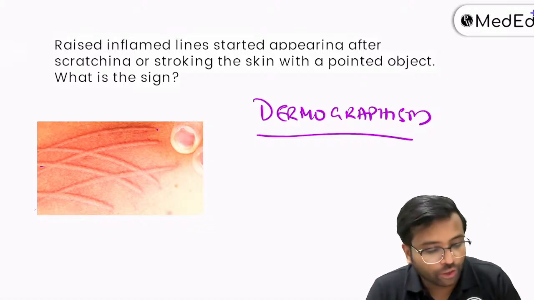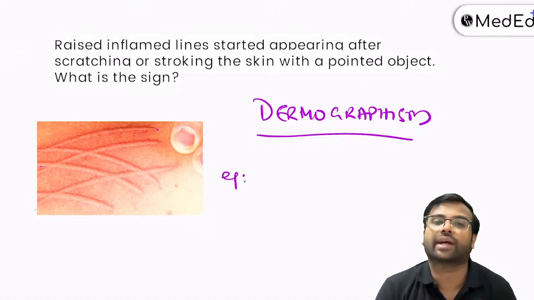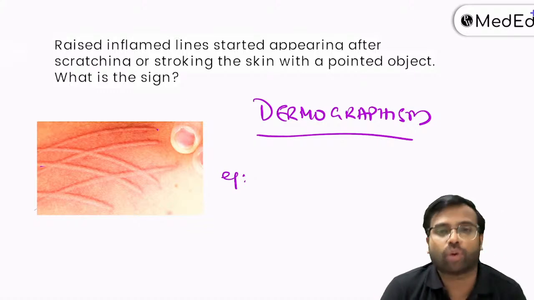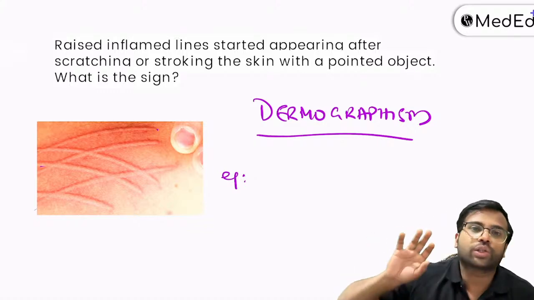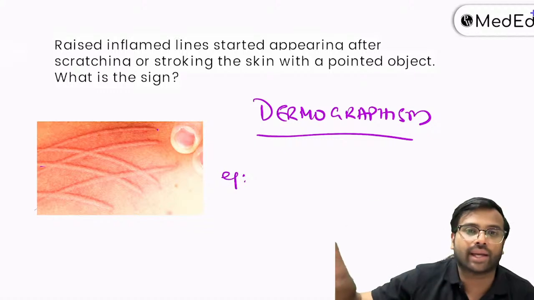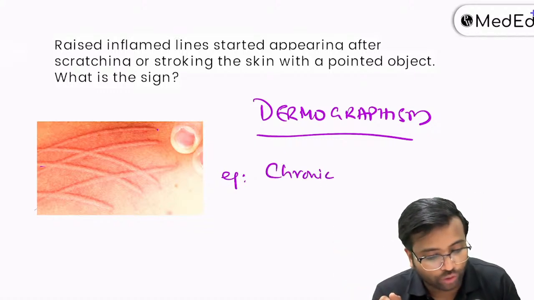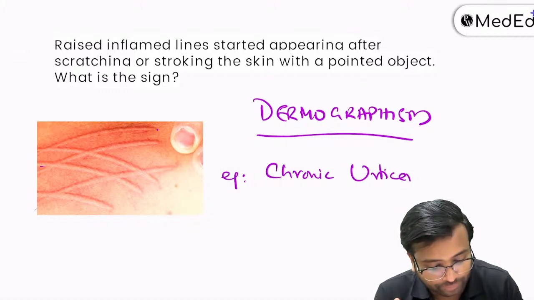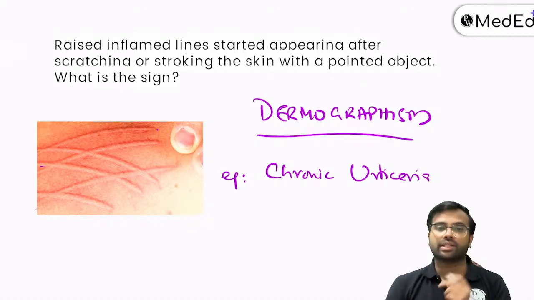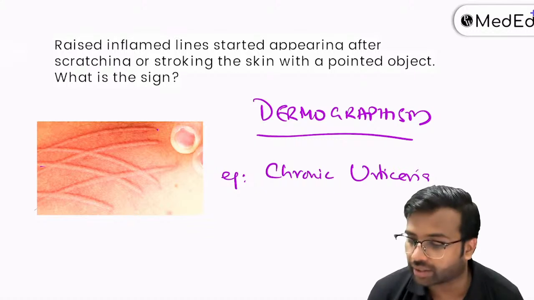Excellent. Now, in which condition can you see this kind of dermographism? वो काफी important है क्योंकि most of the cases में acute urticaria में we don't see. We usually see this in cases of chronic urticaria.